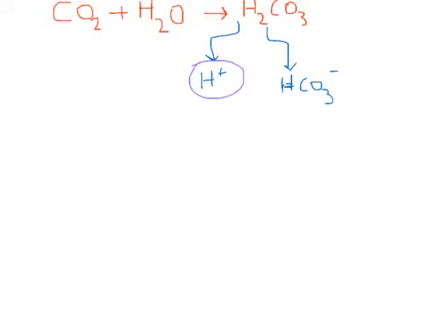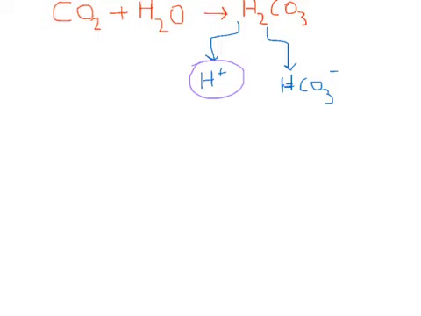And of course, the amount of hydrogen ions produced is totally dependent on the amount of carbon dioxide in the red blood cell. The more carbon dioxide there is, the more carbonic acid is formed. The more carbonic acid is formed, the more dissociation occurs. The more dissociation occurs, the more hydrogen ions are formed.